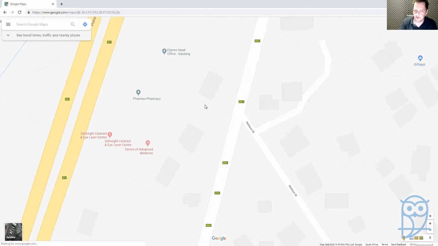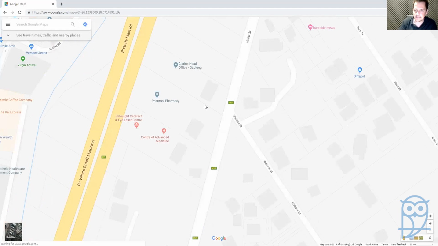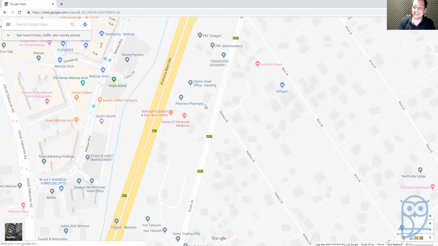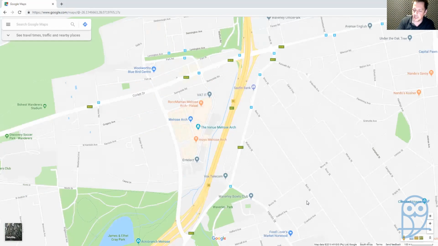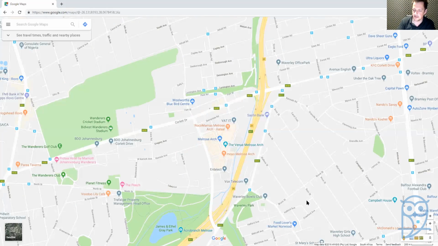But as I keep zooming out, it makes sense that the exact same distance that you're measuring on your screen now represents a different distance in real life. And each time I zoom out, this distance would be more and more. And that's why this little measurement over here keeps increasing. 200 meters.